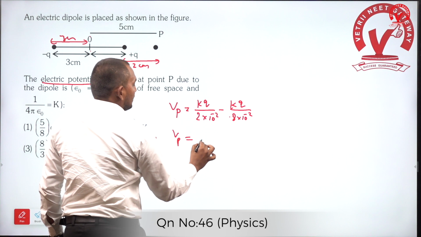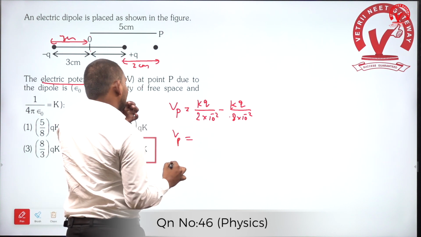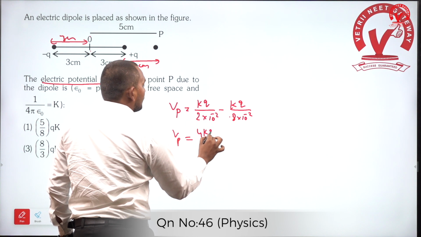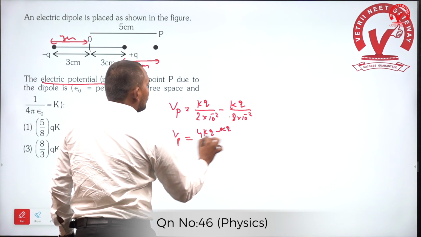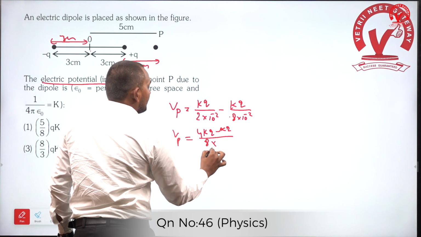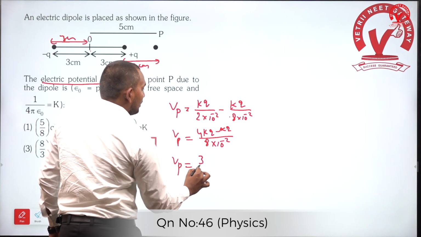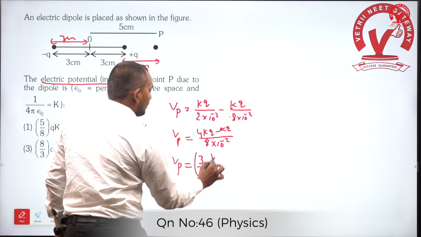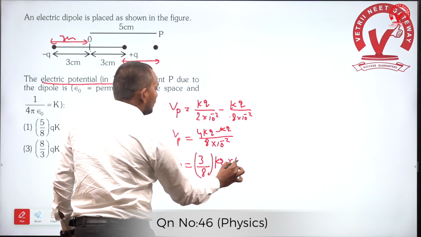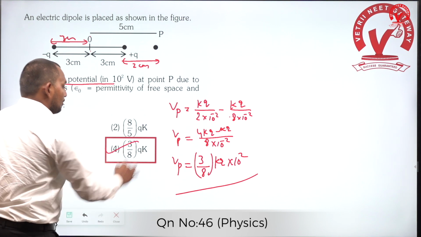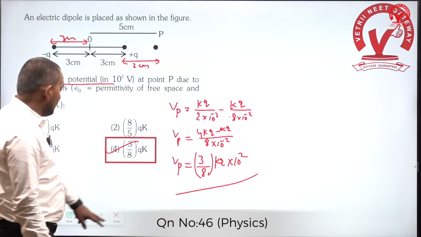So Vp is equal to, taking the LCM of 8, 4kq minus kq divided by 8 into 10 power minus 2, then 3 by 8 kq into 10 square. So 3 by 8 qk, it is option number 4.